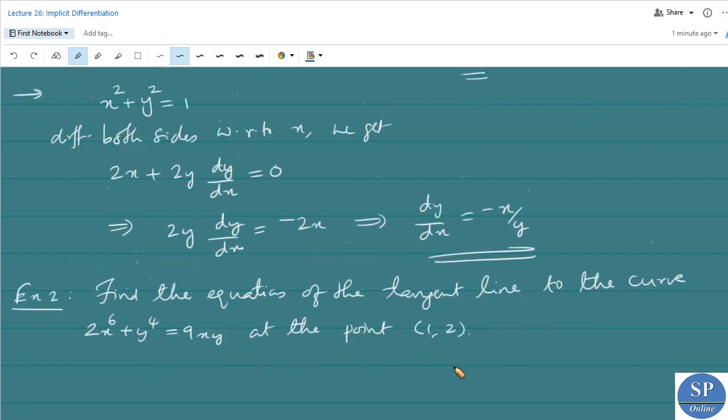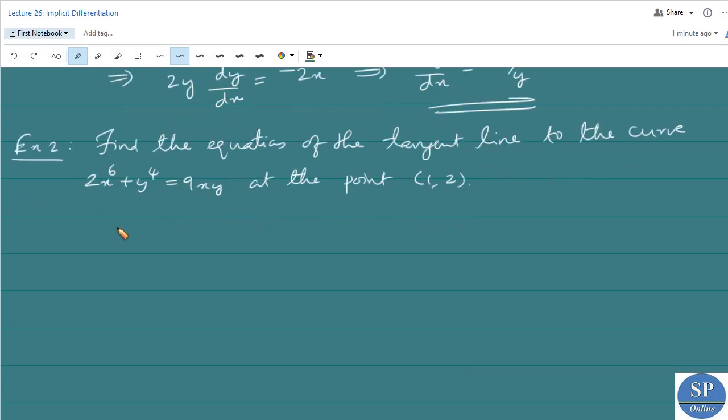So here we have to find the equation of the tangent line to the curve 2x power 6 plus y power 4 equal to 9xy at the point 1 comma 2. Here the function is given in implicit form, for the variables x and y are related by this equation.